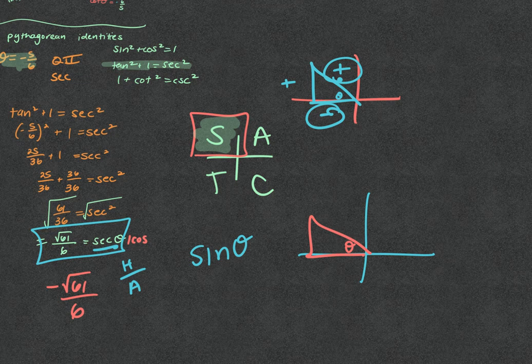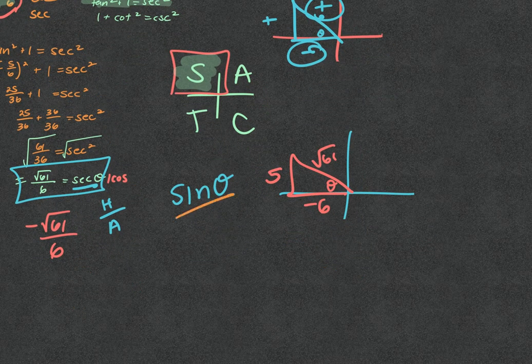So I would get that the secant, which would be the hypotenuse, square root 61, over the adjacent side, which is -6. That gives me 2 of the side lengths. If I go back to the tangent at the beginning, I have opposite is 5. Now I've completed my triangle. And if I want to get to, let's say, sine, it's opposite over hypotenuse, which would get rationalized.